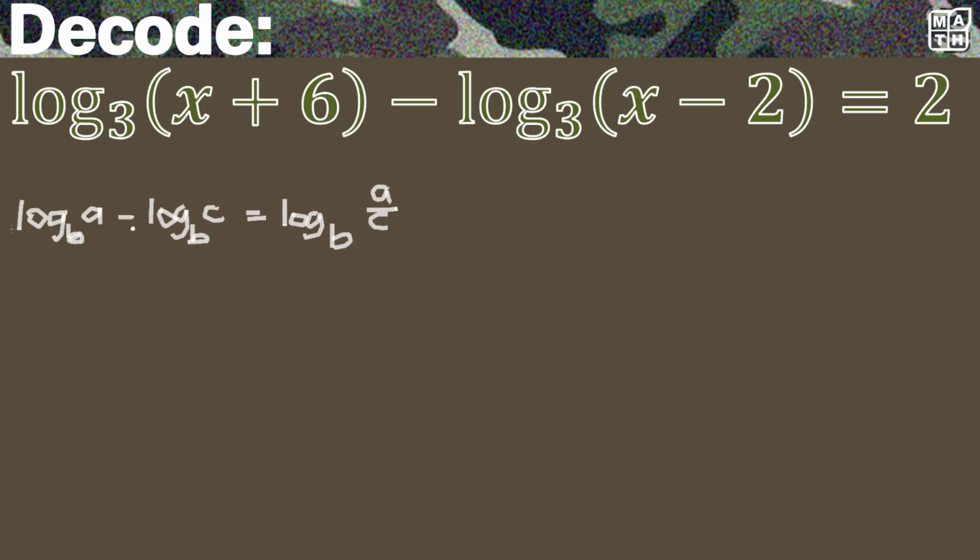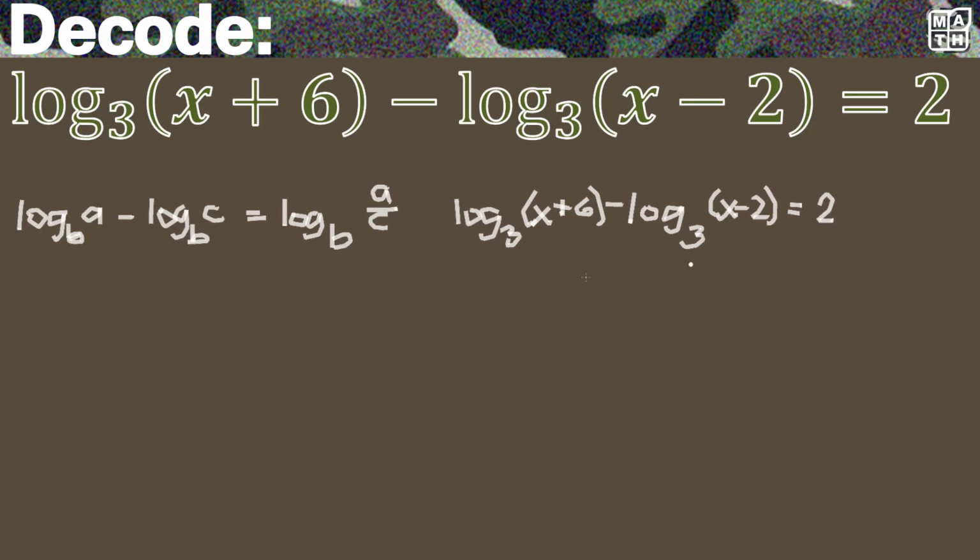So for this, we can rewrite our logarithms here. Let me rewrite here the logarithm of the quantity x plus 6 to the base 3 minus the logarithm of the quantity x minus 2 to the same base 3 equal to 2.